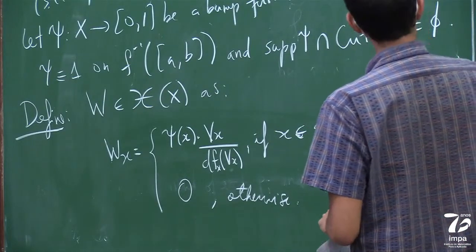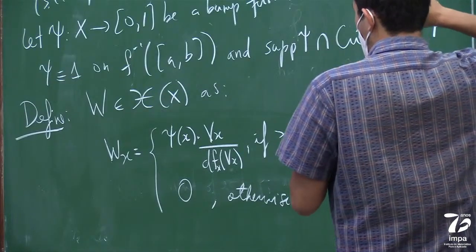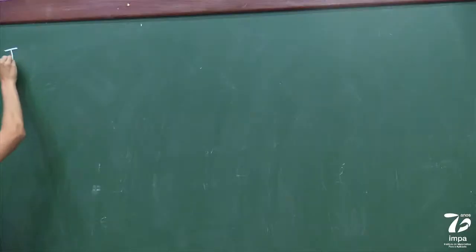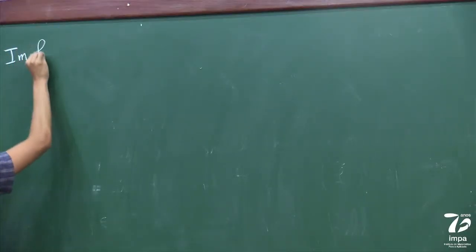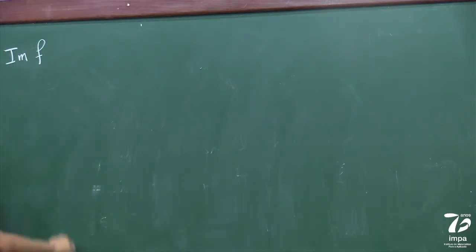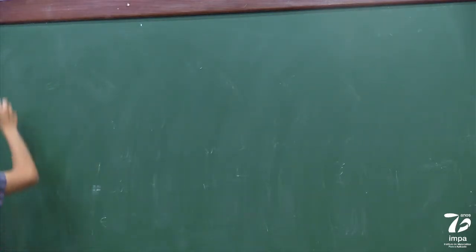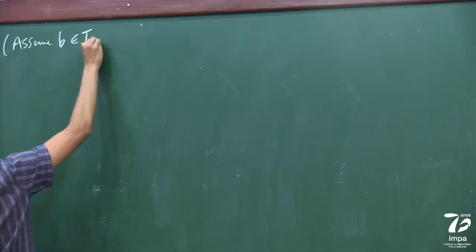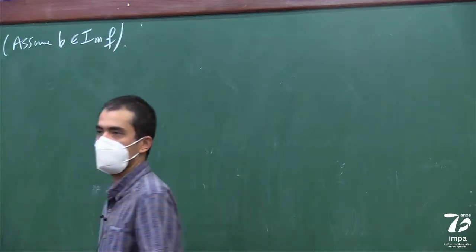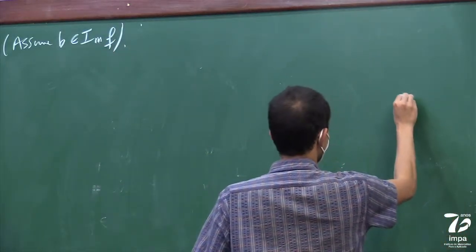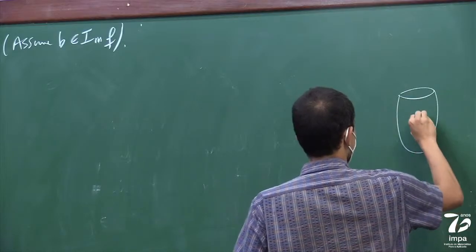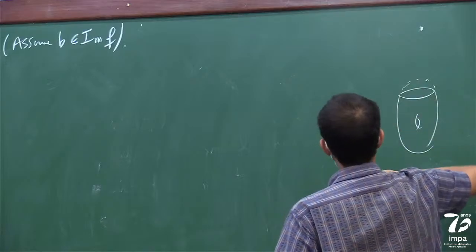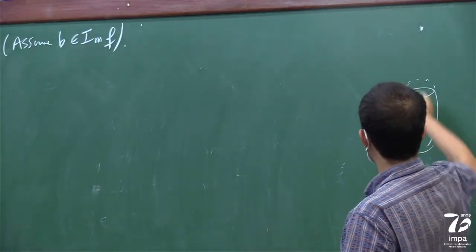And just for things to make sense, I want to assume that B is contained in the image of f. Because otherwise, if B is way above, then I can't flow all the way there, basically.